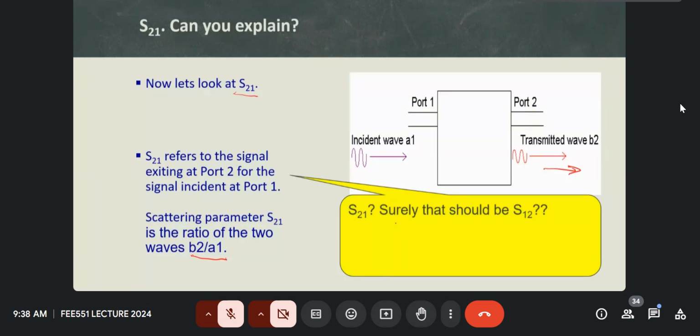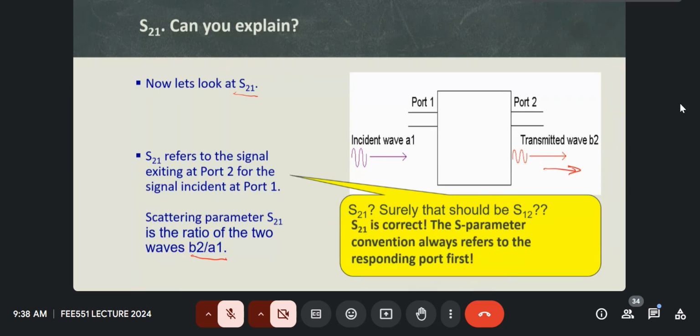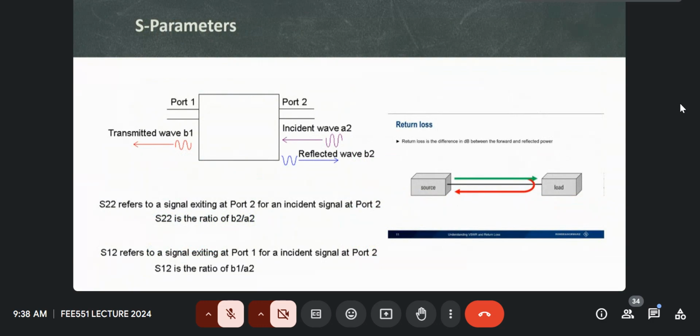Someone could ask, why not S12? It's S21 because it's a convention to always refer to the responding port first. The responding port is port 2, so that's B2, and the input port is A1, so it's B2 over A1.